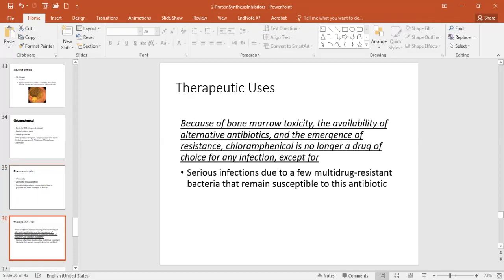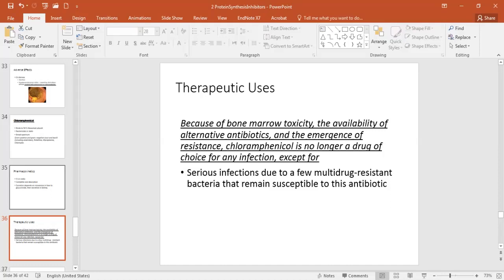But with all this, its therapeutic uses are very limited. Why? Because of serious bone marrow toxicity, which may lead to bone marrow suppression or failure. Thus it may be life threatening.